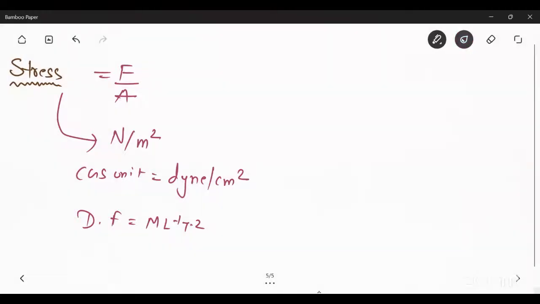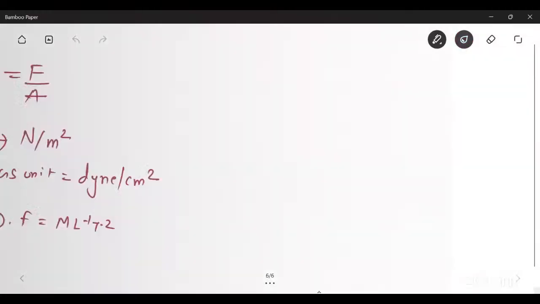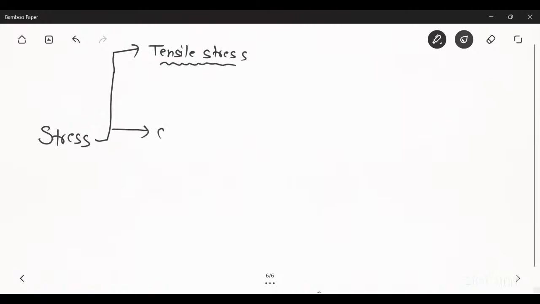Now, stress has four types. First is tensile stress. Second is compressive stress.